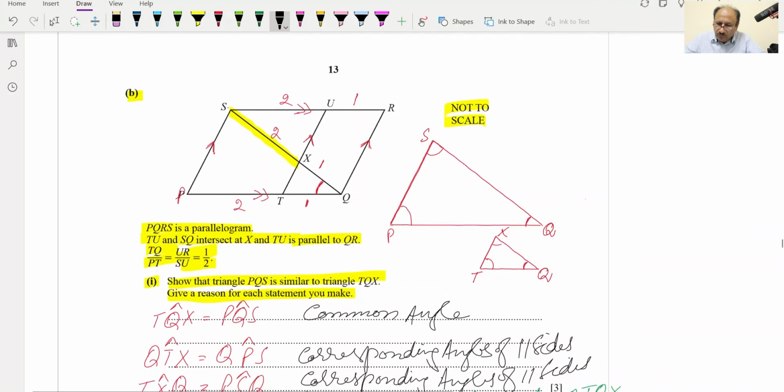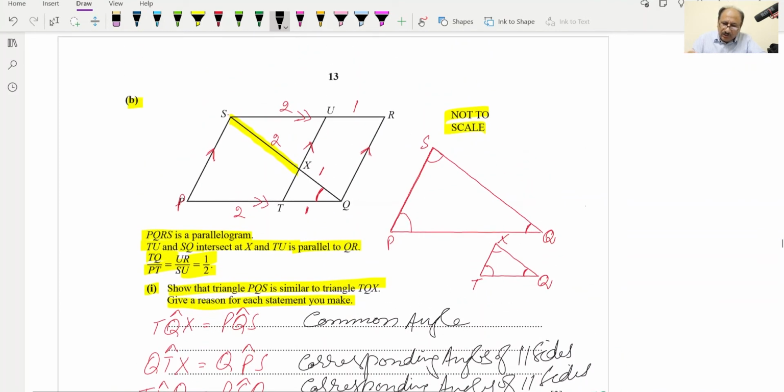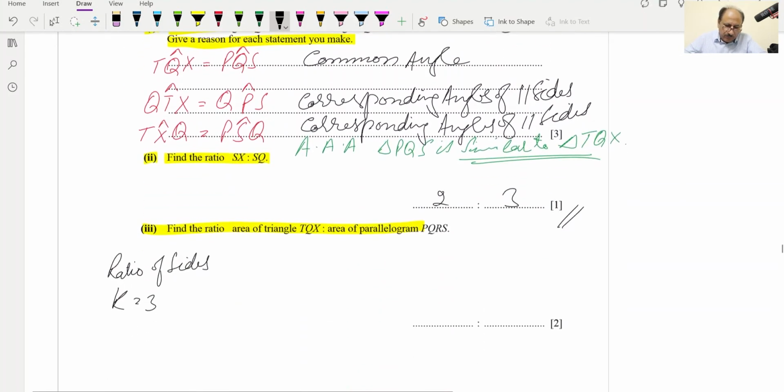And this is what are the sides basically we are checking. This is 1, and this is 3. So similarly this is 1 and this is 3. So these are 1:3. So length ratio is 3 times, K is equal to 3.